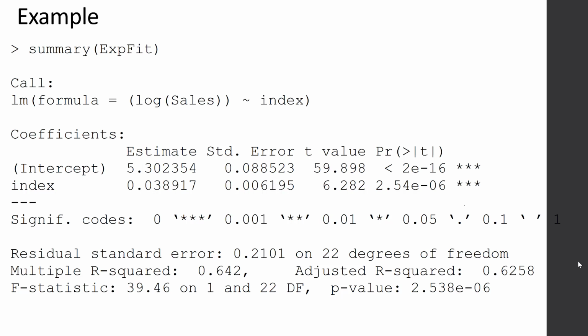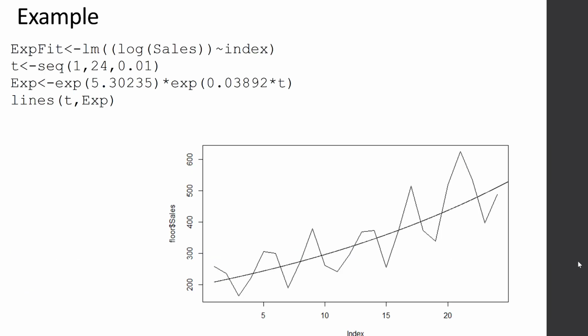Notice the intercept's 5.302354 and the index, the time variable, is 0.038917. I just calculated what the predicted value would be for each value of that t sequence by taking e to my intercept and then e to the b times t. And then I used the lines call to plot the t against the exp that we just calculated. And anyway, you can see the picture right here.